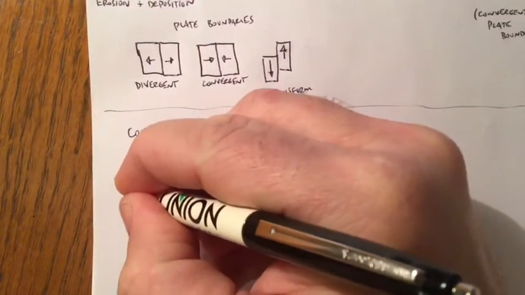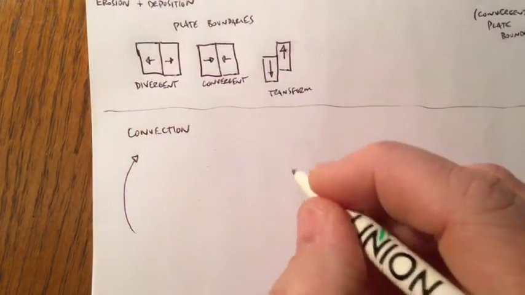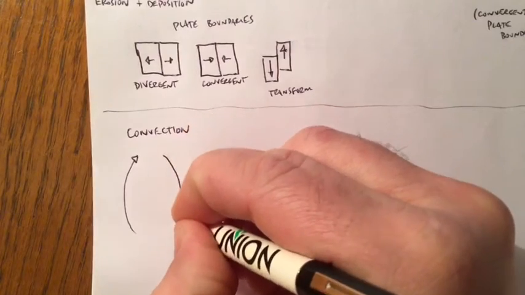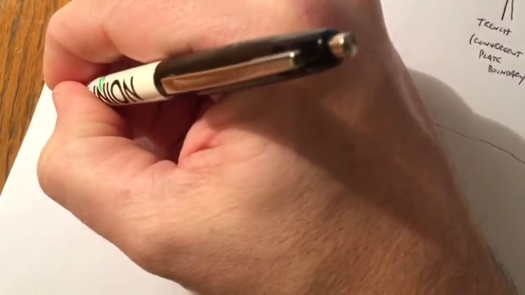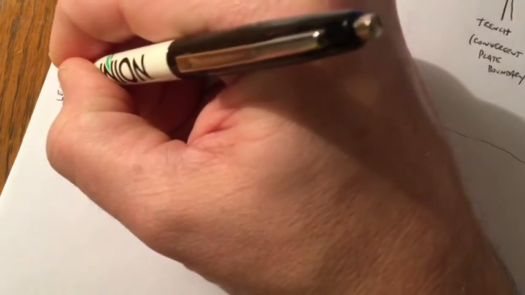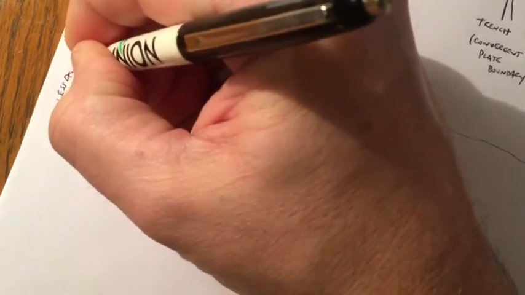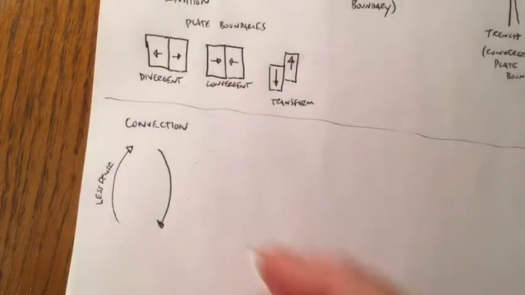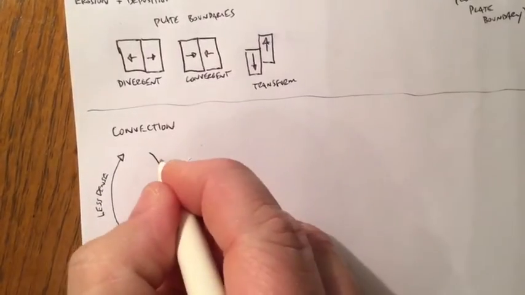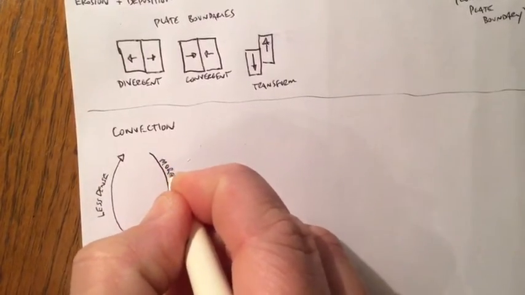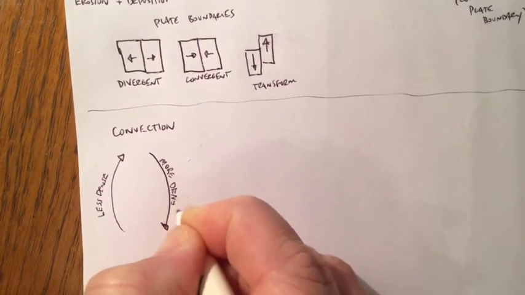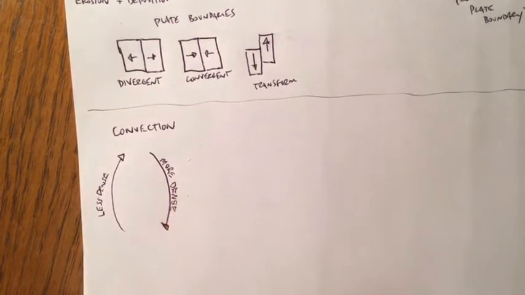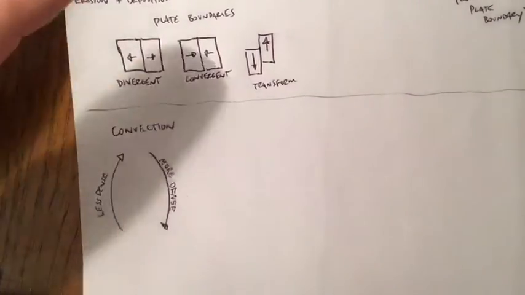Convection can happen in any fluid, a liquid or a gas, and that's when less dense material rises and more dense material sinks.